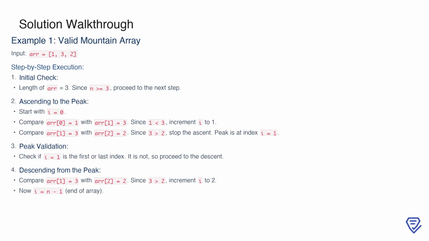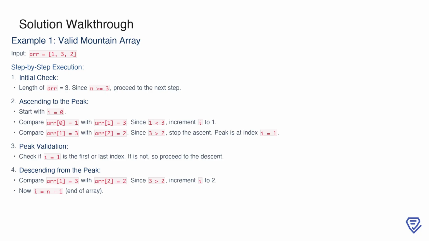Since 1 is less than 3, we increment our pointer i to 1. Now, we compare arr[1], which is 3, with arr[2], which is 2. This time, 3 is greater than 2, so the ascent stops, and we identify the peak at index 1. We then validate the peak by checking if it is either the first or last index of the array. Since index 1 is neither the first nor the last, we proceed to the descent.